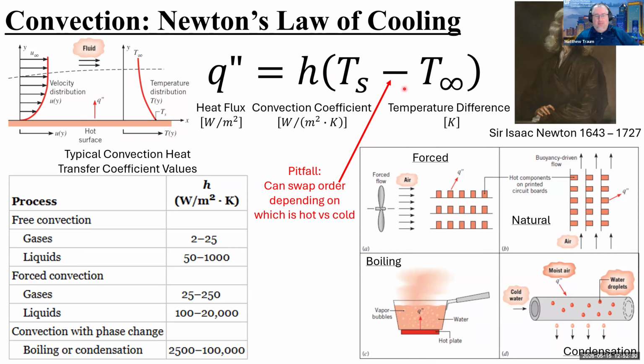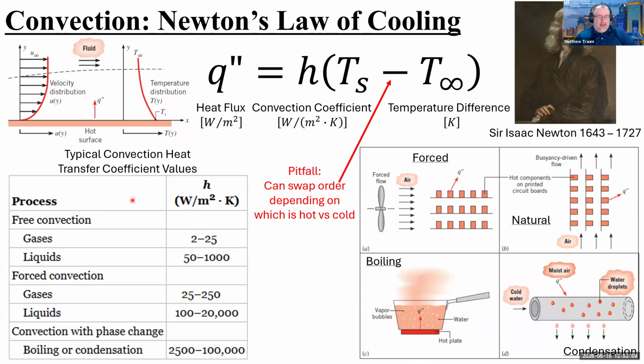And so you might end up in a situation where the surface is colder than the ambient environment and heat is going from the environment into the plate because the environment is hot and the plate is cold, in which case these two can be switched. So just be aware that sometimes you're going to see this as T_s minus T infinity, and sometimes you're going to see it as T infinity minus T_s. The book is doing that to get the heat flux to go in the correct direction. So just be aware.